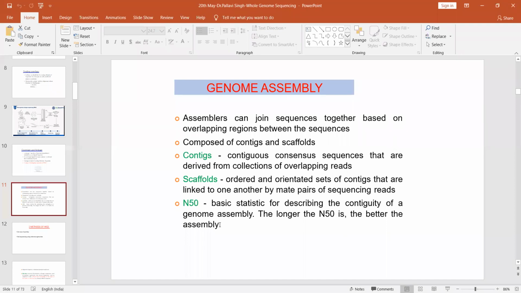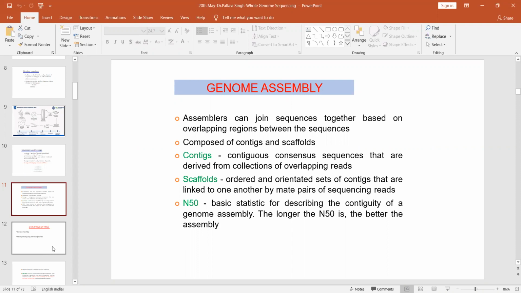So it is better to have a larger value of N50. The larger the N50 value, the better is the assembly of the genomic size while going for the sequencing. So N50 in general tells me how many contigs have been taken into account while making a final genome assembly. So the longer the N50, the better is the assembly after whole genome sequencing.